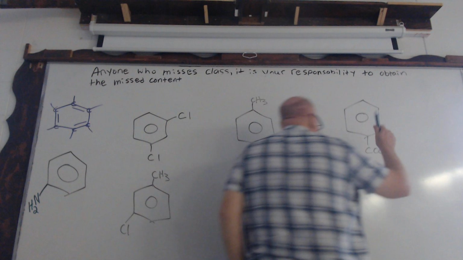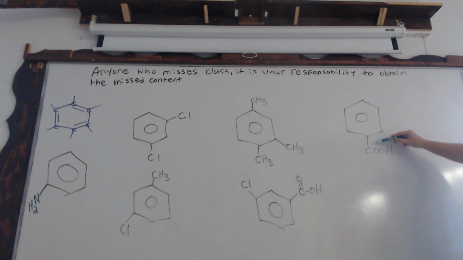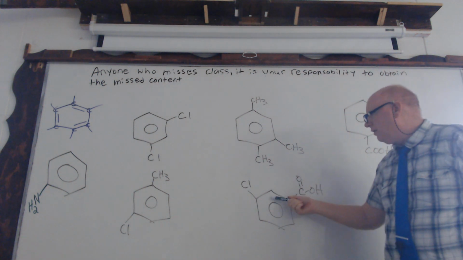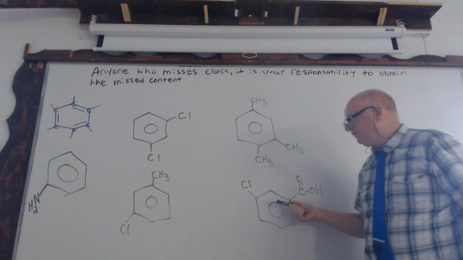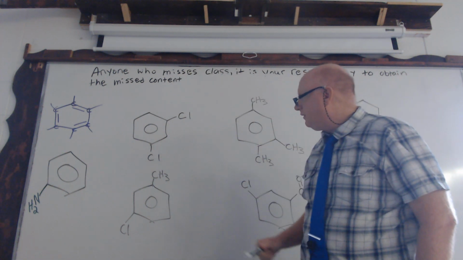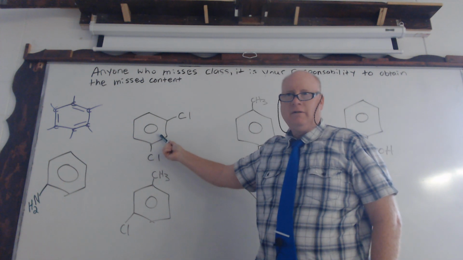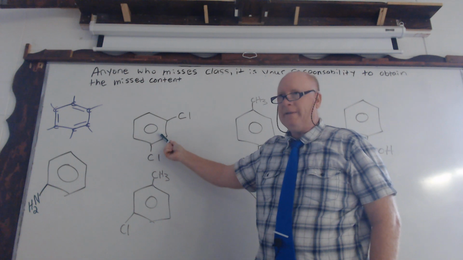And of course, you can't use it for this one because there's only one organic family draping off of this. You could use that abbreviated system for this one and this one. And do you think you can use it for this one? No. You can't.